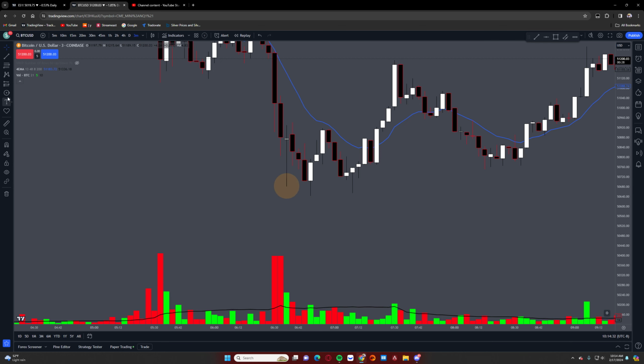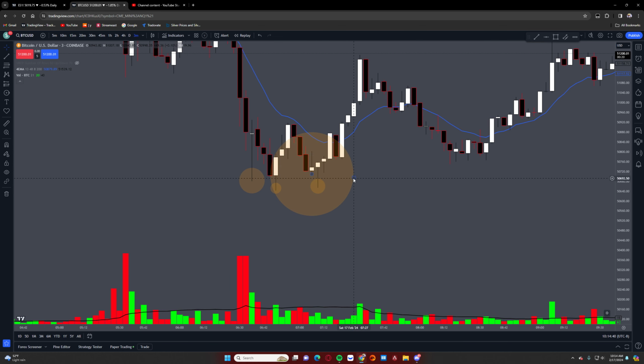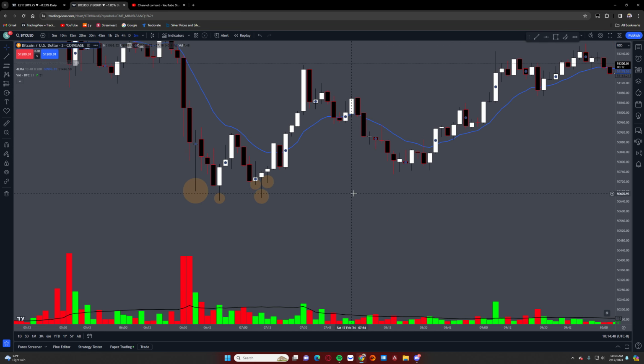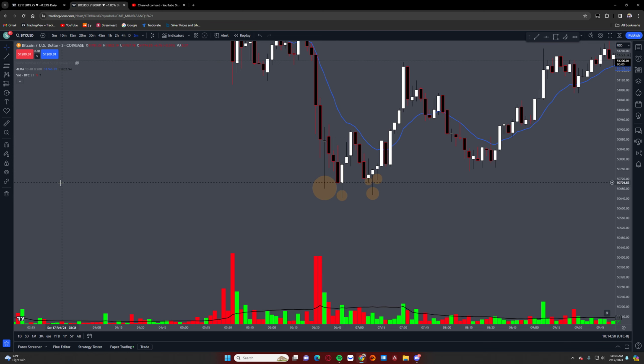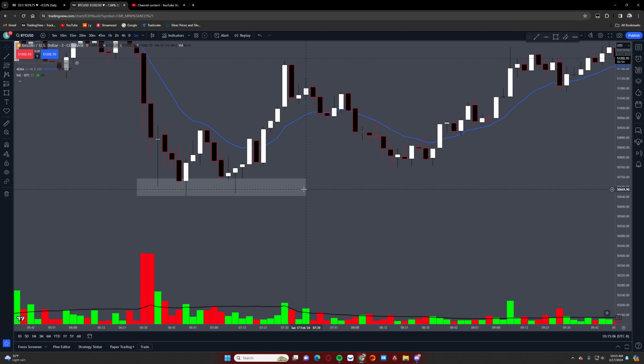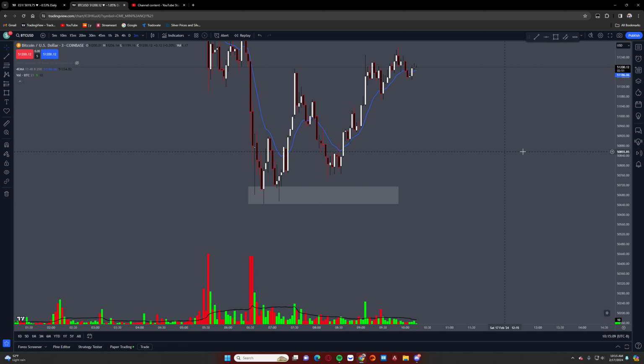We have one wick there, one wick there, one wick there, one right here, one right here, and these over here. So with that being said, we are going to mark this out from this wick to the bottom wick. Right now, this is our zone that we're going to be playing.